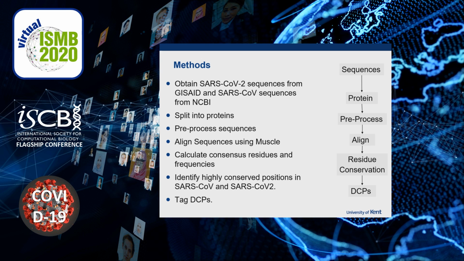We then pre-processed the sequences, so this removed poor quality sequences, so things with lots of X's or gaps. We then aligned them using MUSCLE, which is alignment software. Then we calculated the consensus residues and frequencies at each position in the alignment. We then identified the conserved positions in SARS-CoV and SARS-CoV-2, and we used this information to then label the DCPs.